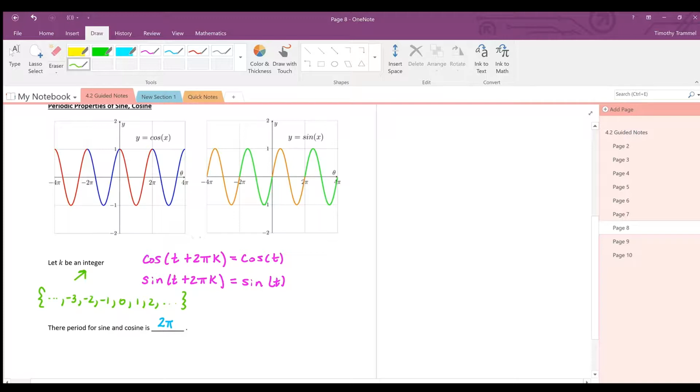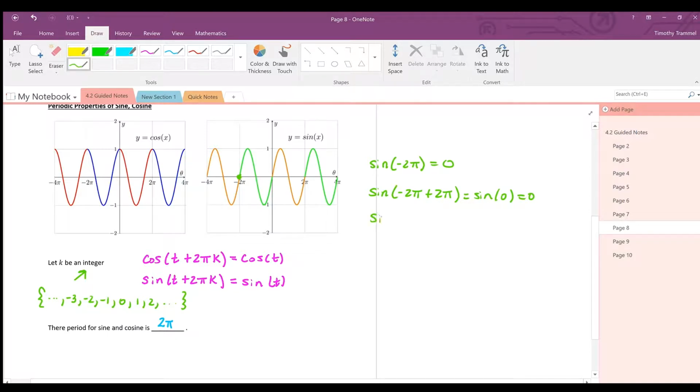And let's test this out or try to understand it. If we look at the graph of sine here, and we're at sine of -2 pi at the moment, you can see it's 0. Well, if we were to take -2 pi and add the period to it, we'd get sine of 0, which also happens to be 0.